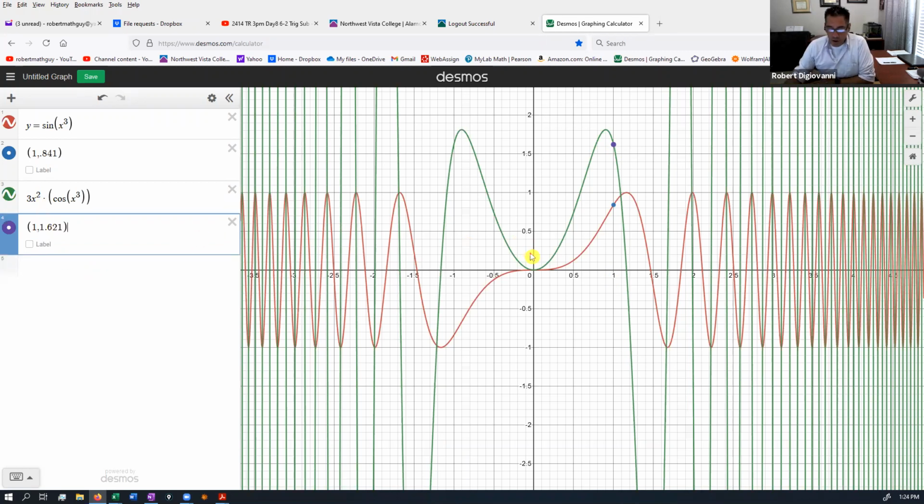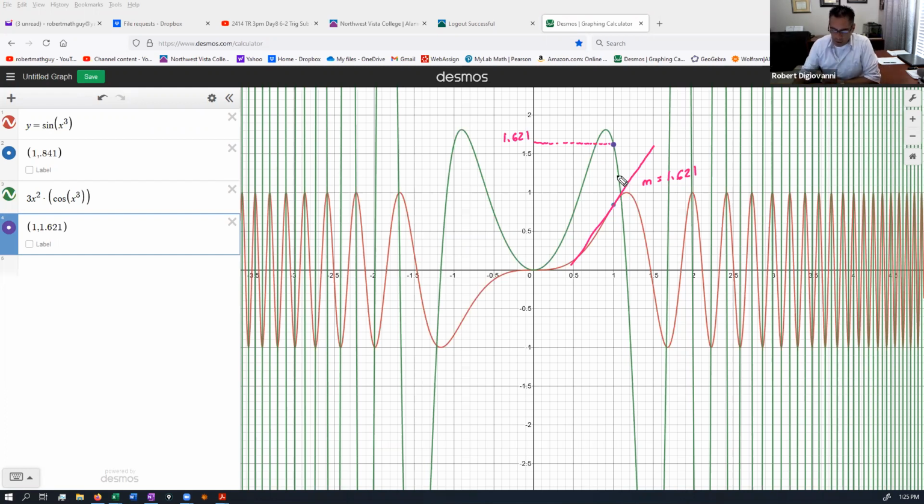Okay, so if I plug 1 into the derivative, I get this value. Can you all see what the y value is there? 1.621, right? What that's telling me is the y value on the derivative is 1.621. And that tells me that the slope of this tangent line is 1.621. So the height of the point on the derivative is equivalent to the slope of the tangent line on the original function.